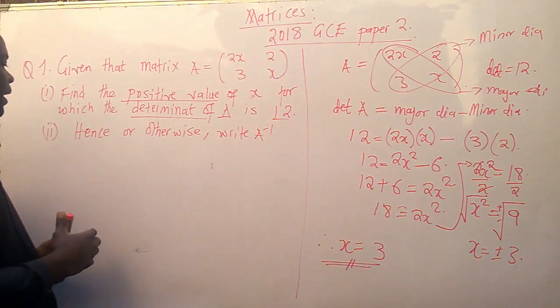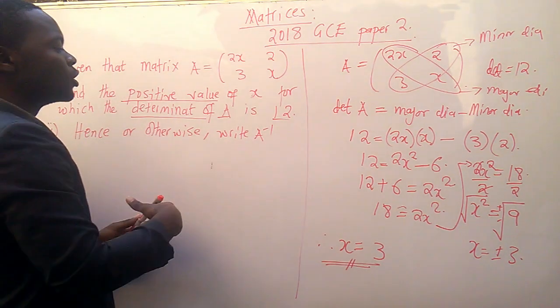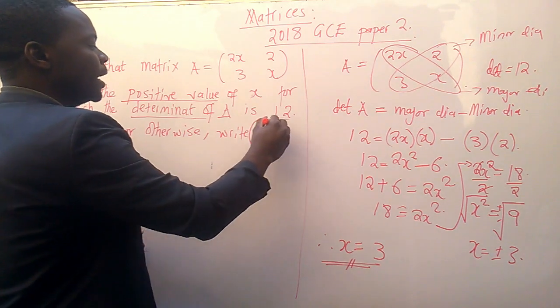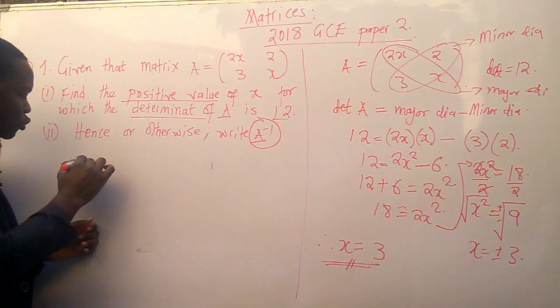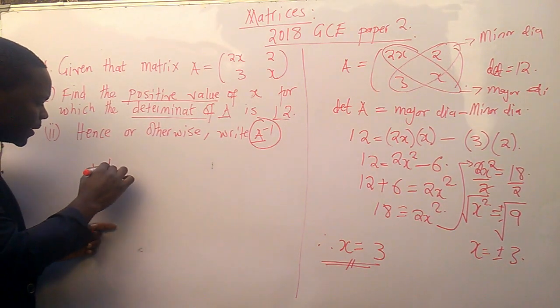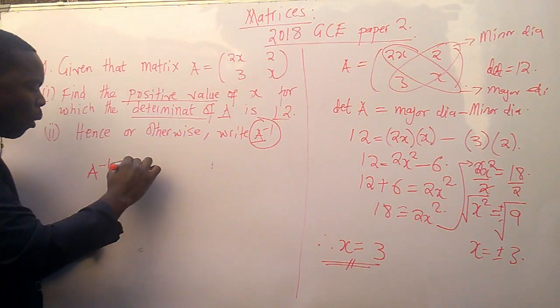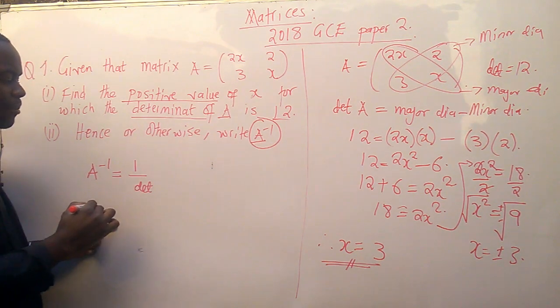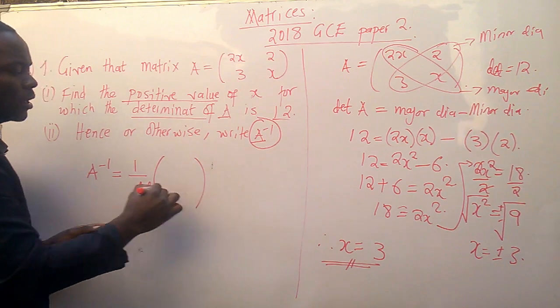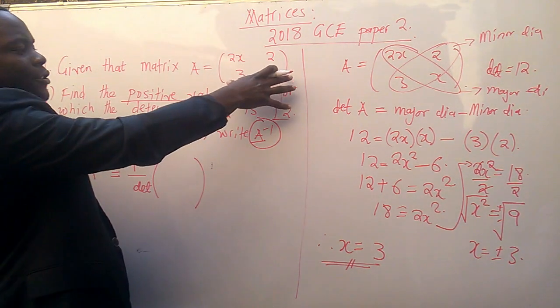The second question is saying, hence or otherwise, write A inverse. A inverse. Very simple there. So A inverse is equal to 1 over the determinant times your matrix.